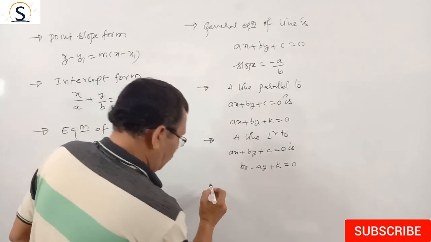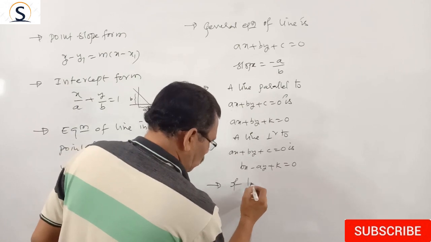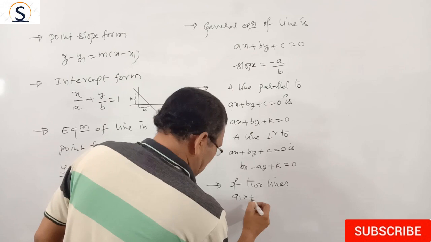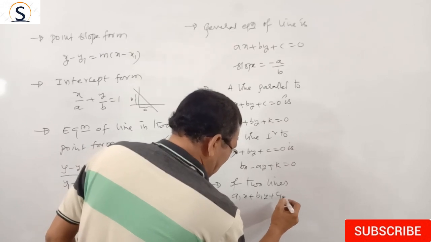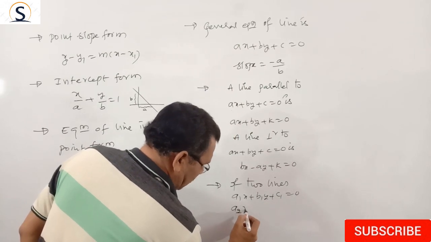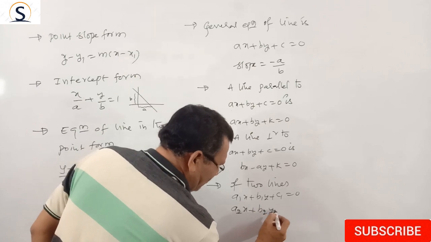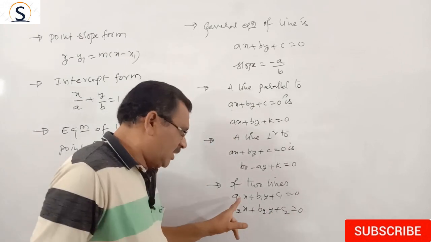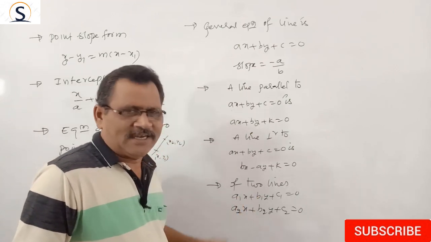Next, if two lines a1x plus b1y plus c1 is equal to 0, a2x plus b2y plus c2 is equal to 0. Now, I am showing the coefficients are different.